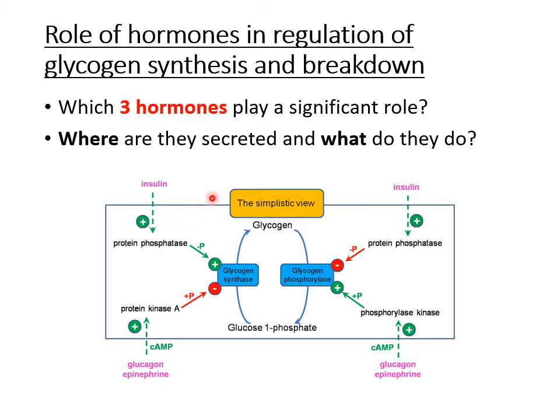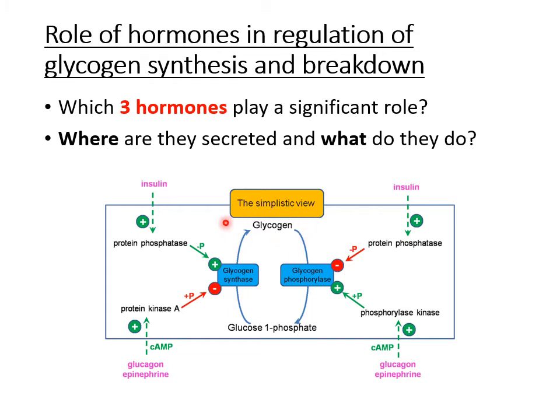So when your blood sugar is high, you'll have an increase in insulin secretion, and that insulin will then trigger a cascade that eventually leads to an increase or activation of glycogen synthesis. So now that will allow that high blood glucose to get put into the stored form. Instead of glucose, you'll have glycogen.